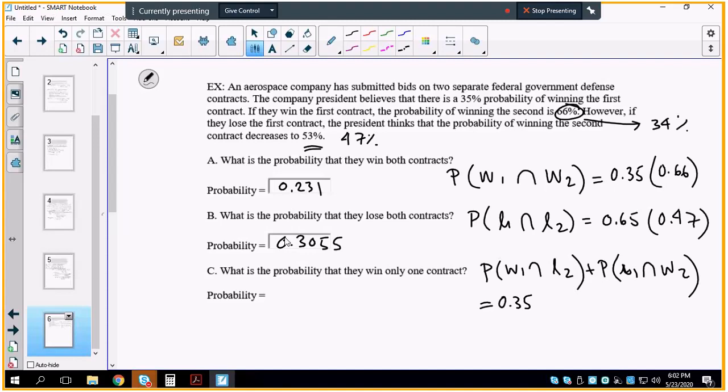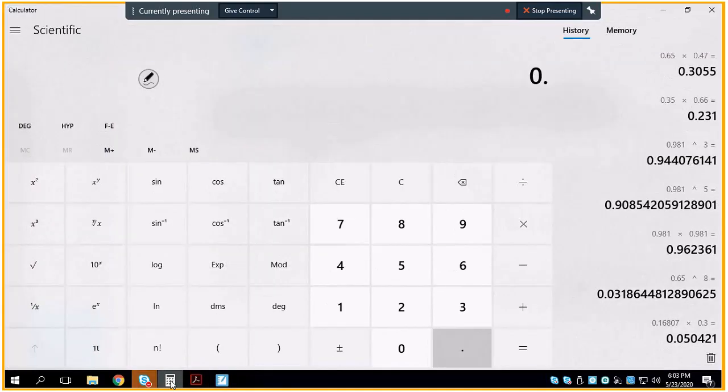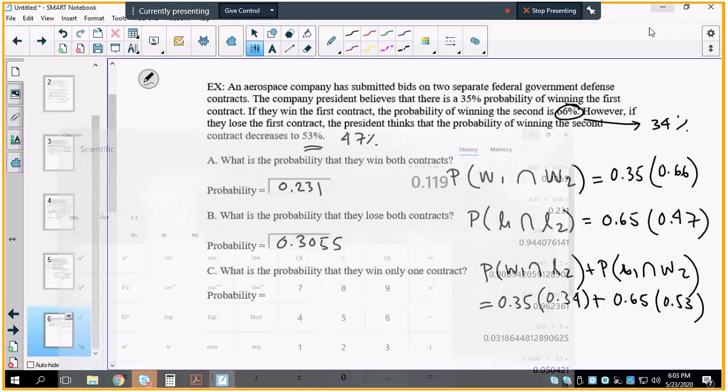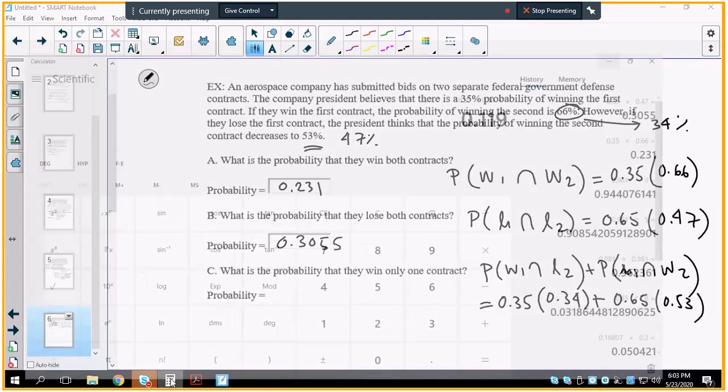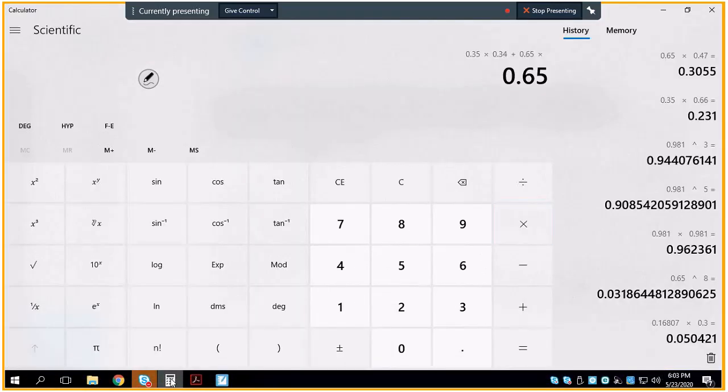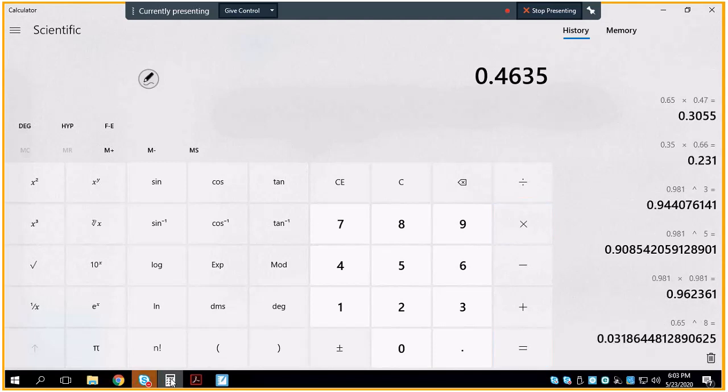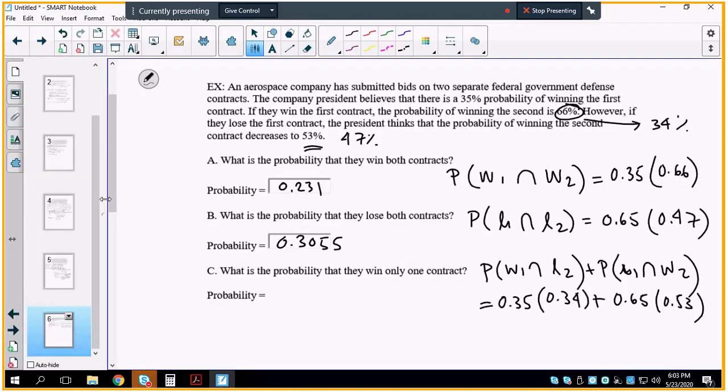So I will say this one is 0.34, plus losing the first one, the probability is 0.65, and in that situation, winning the second one is 53%. So we have 0.35 times 0.34, plus 0.65 times 0.53. And that should be 0.4635. And that answers my question.